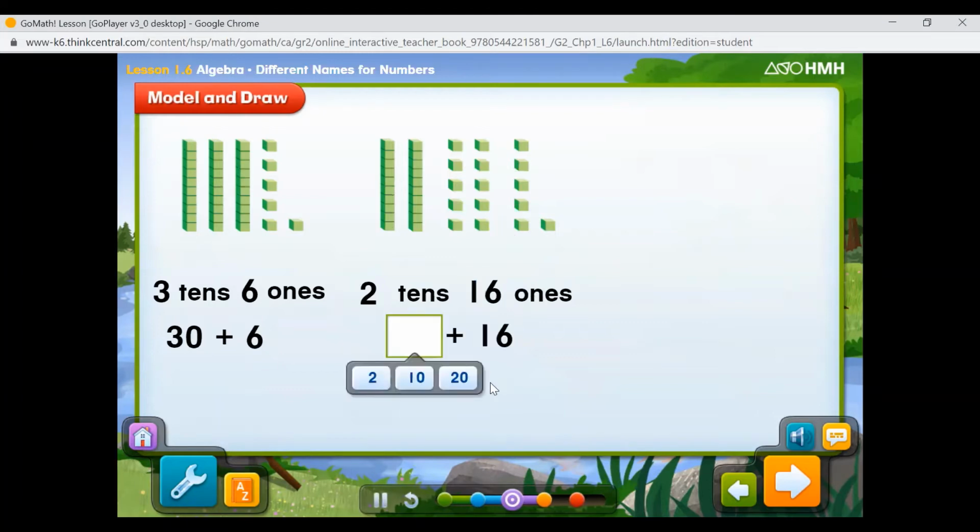How can 2 tens and 16 ones be written using addition? Great job! 2 tens, 16 ones can be written as 20 plus 16. Let's find another way to show 36. Think about how you can trade another one of the blocks.